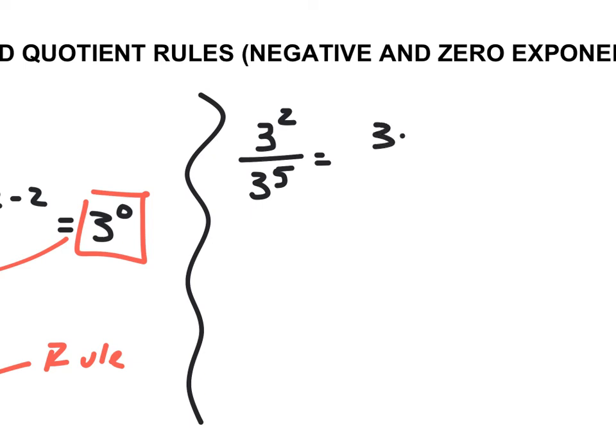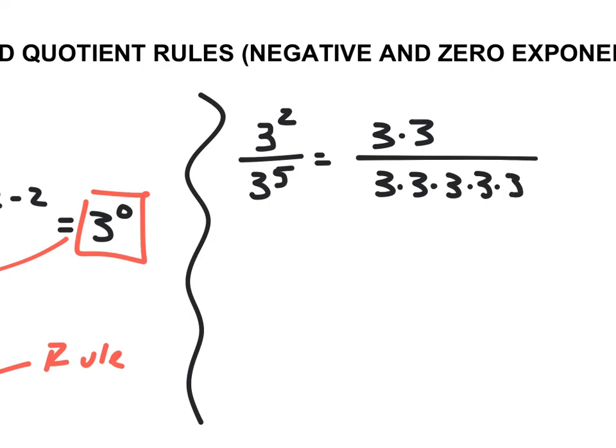I'm going to do 3 times 3 over 3 times 3 times 3 times 3 times 3, okay? And so what I end up getting here, by expanding this out, I can divide out my 3's, and I'm left with a 1 in my numerator. Okay, 3 divided by 3 is 1, so these are really replaced by 1s here, okay?